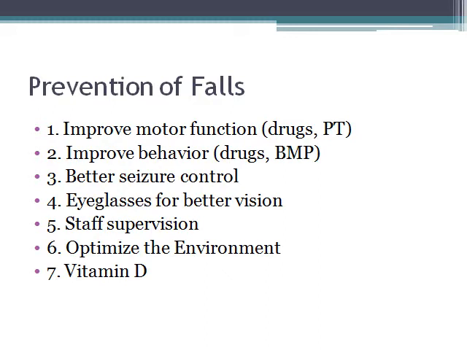There's certain drug interactions, and seizures can be a side effect of psychotropic medication sometimes. So think about the seizures, because certainly a seizure leads to a fall, and that can lead to a fracture. Having eyeglasses for better vision, better staff supervision, again, optimizing the environment.